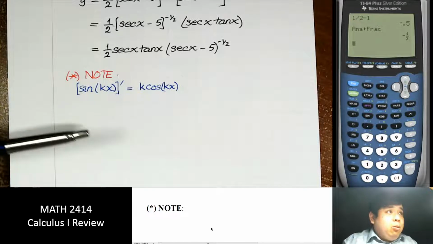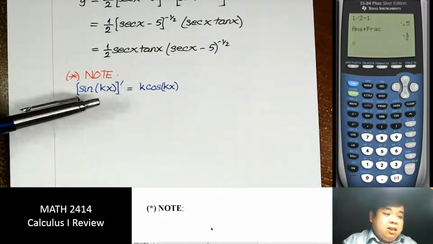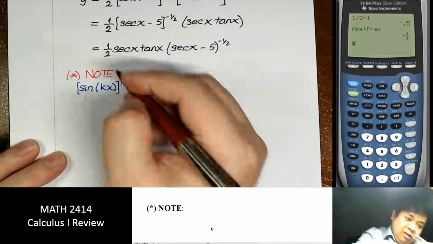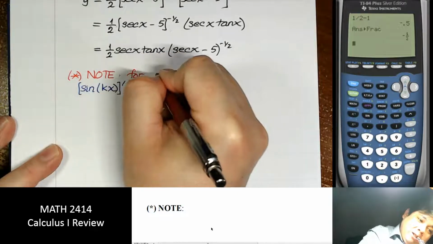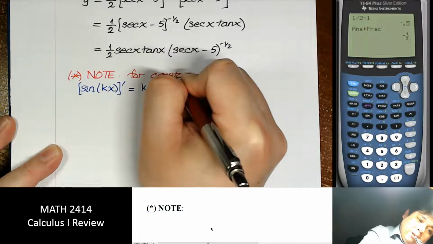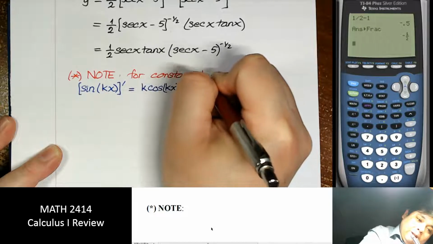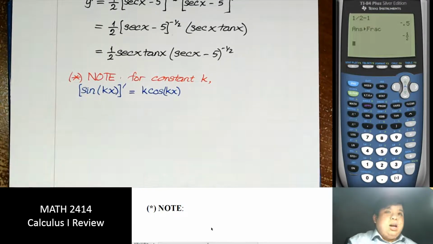So if we have sine of something times x, in that case constant, when we have a constant multiplied to x, when we take the derivative, just take the derivative of that, then multiply by k.